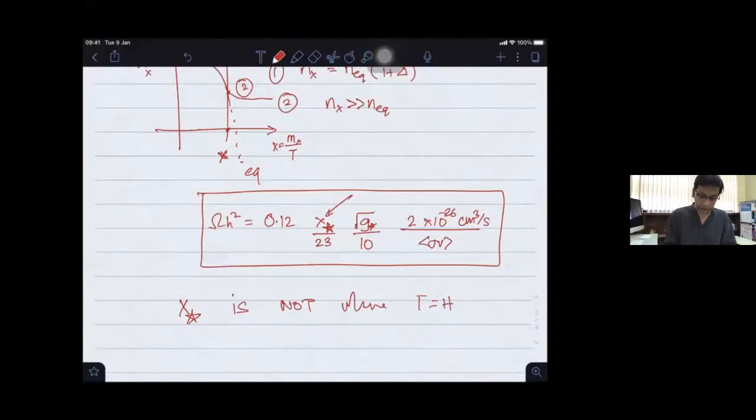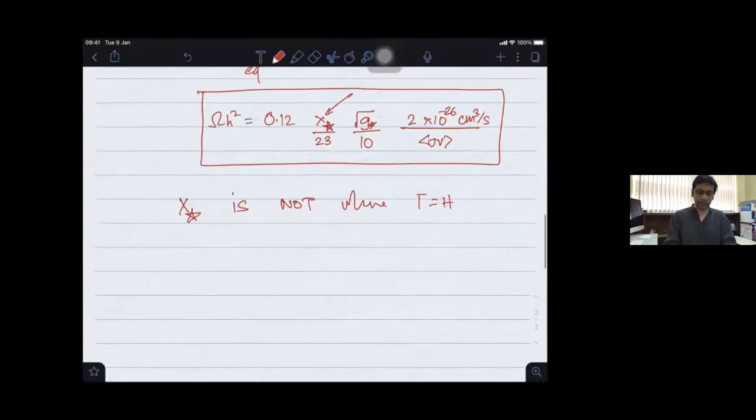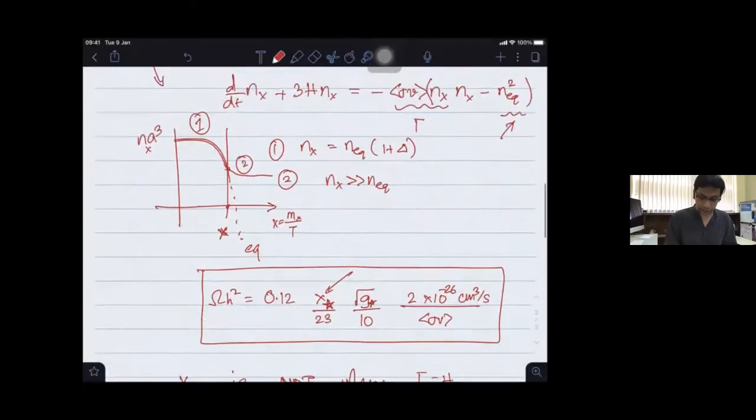So the x that appears in this formula that you find everywhere is not where gamma is H. That only works if you make the very drastic approximation that it was following the exact equilibrium curve until this point, and then it just freezes out directly. But that solution is not correct. If you want to be correct to, let's say, 5%, that's not what you are supposed to use. So here, this formula is correct, and the x that enters here is the joining point. You choose delta to be of order 0.5 or so, and that's how you determine x star.